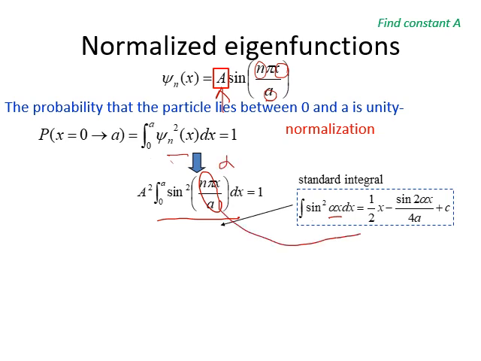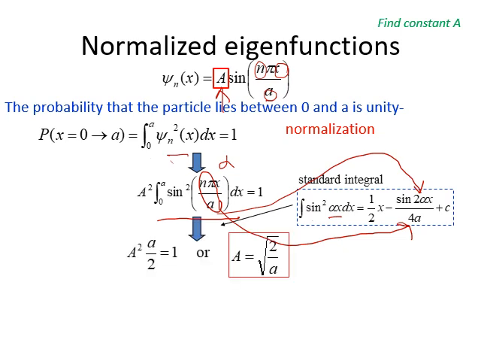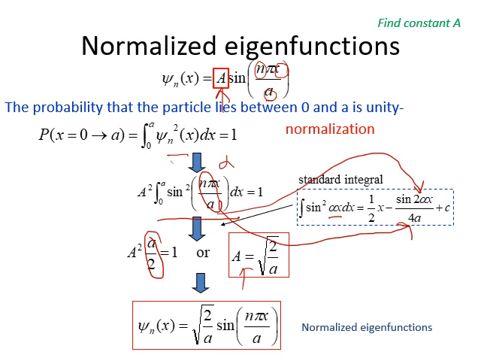So replace all the alpha by this n pi divided by a, and you should get the integration a divided by 2. Okay, so please spend time and see if you can get this number. And from this, we can calculate A. The constant equals square root 2 over a. And therefore, the normalized wave function now becomes square root 2 over a times sine n pi x over a.